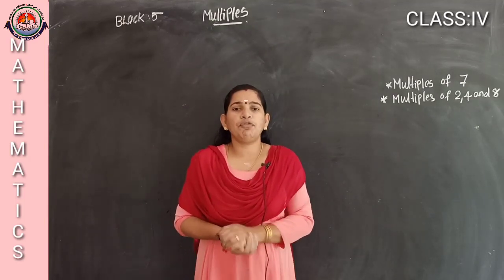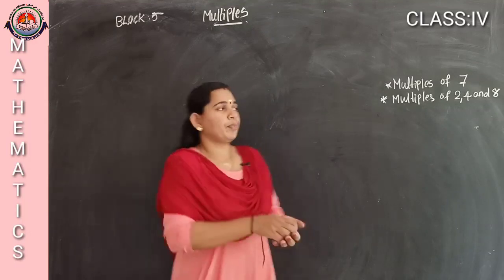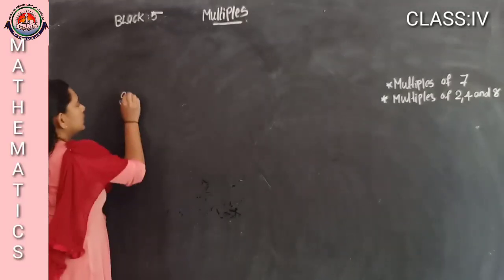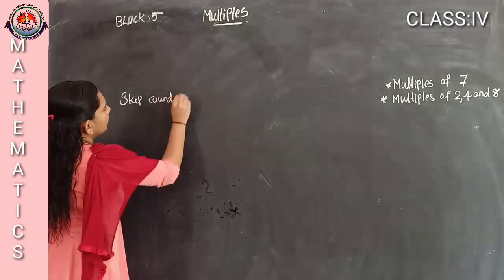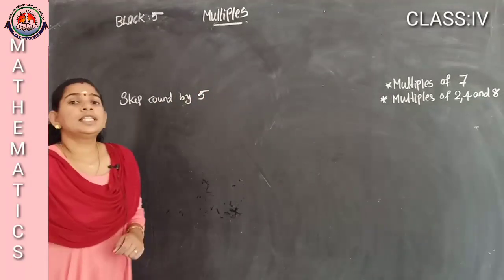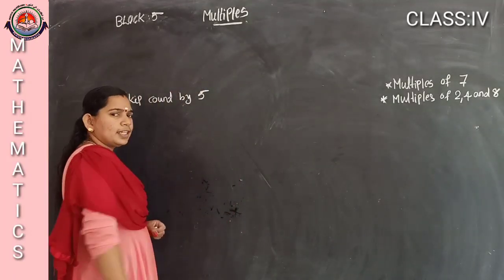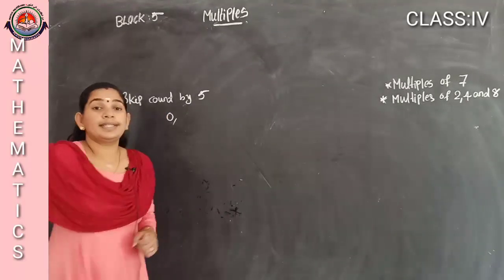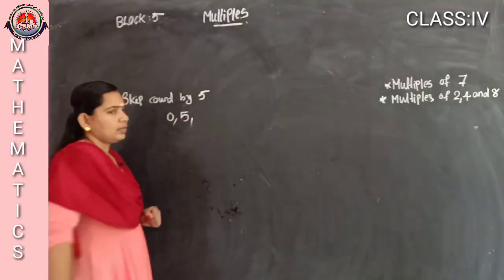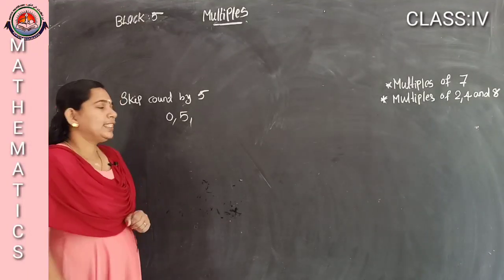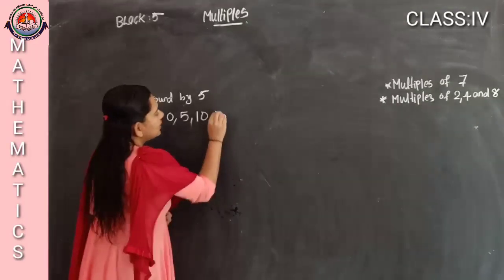Okay. Then today we are going to skip count by 5. Are you ready to skip count by 5? Skip count by 5, starting from 0. First 0, second, very good, 5. Third, 10. Then 15.